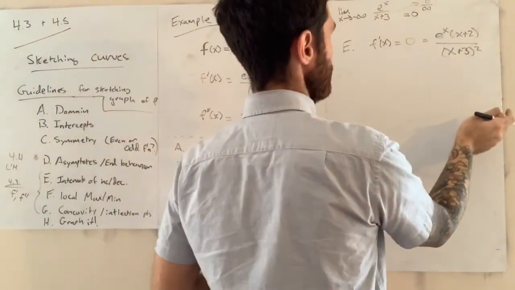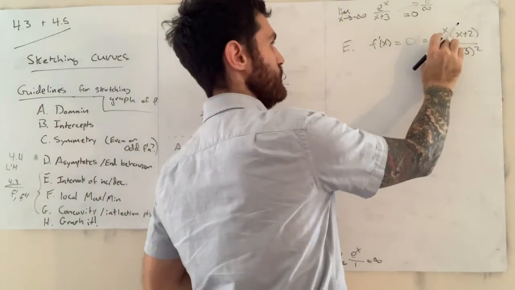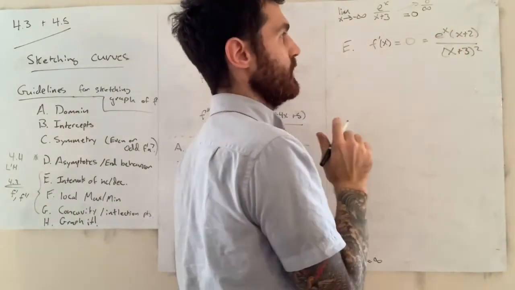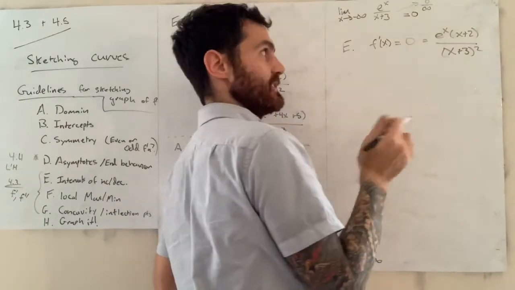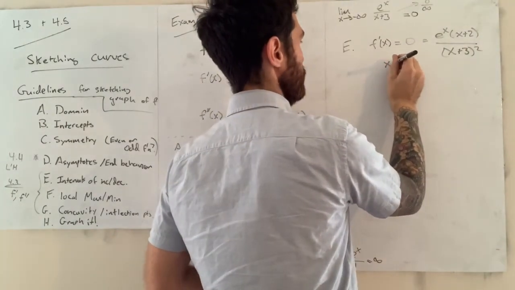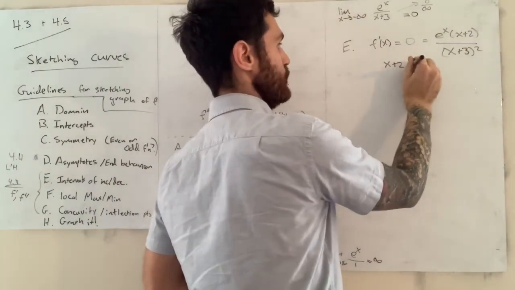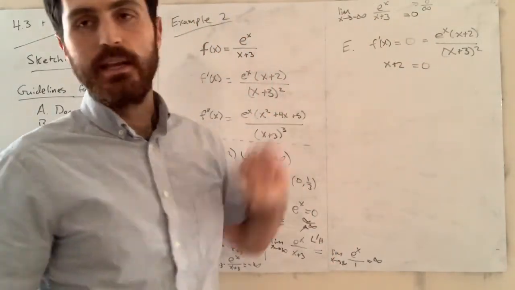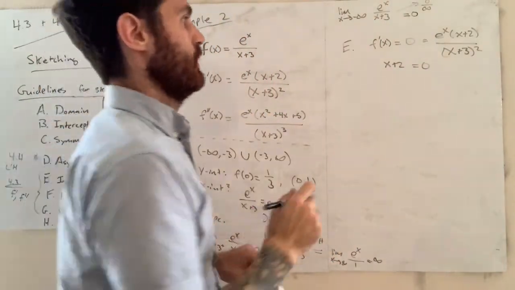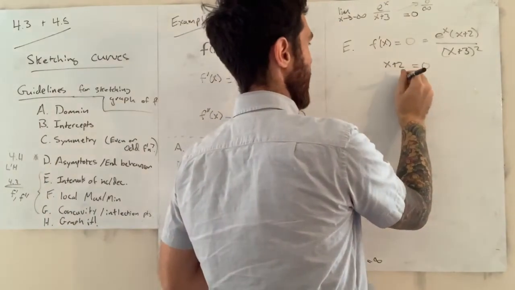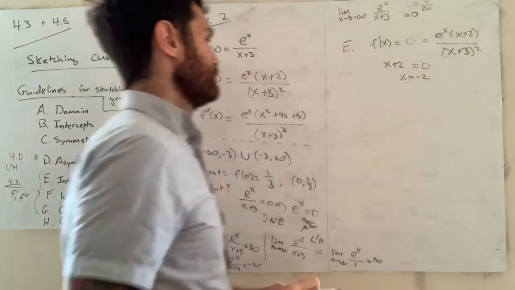When is this equal to 0? Well, it's going to be equal to 0 when the numerator is equal to 0. One of these values has to be equal to 0, so it's only going to happen when x plus 2 is equal to 0. That's because e to the x is never equal to 0, so it's only going to happen when x is equal to negative 2.